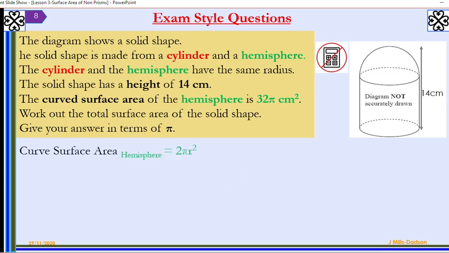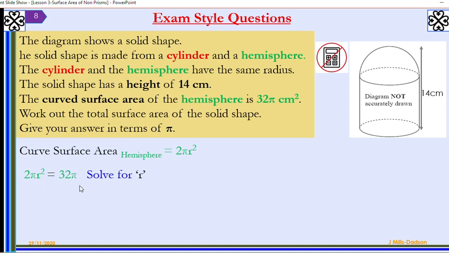The curved surface area of a hemisphere, we know, is 2 pi r squared. That's the formula. But we've been given that as 32 pi, which means these two should be equal. This is the formula, this is the exact answer. So we equate the two and solve for the radius, because you need the radius in order to proceed.